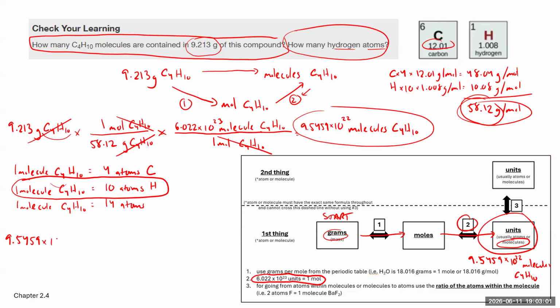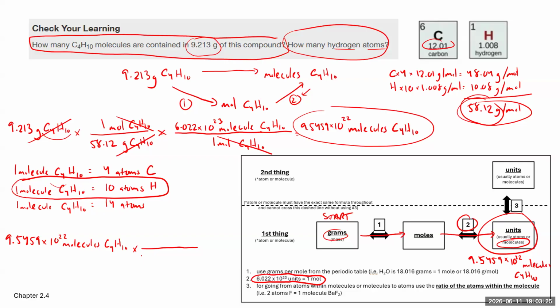9.5459 times 10 to the 22nd, right? Molecules of C4H10, right? We're going to use a conversion rate with molecules of C4H10 on the bottom, right?